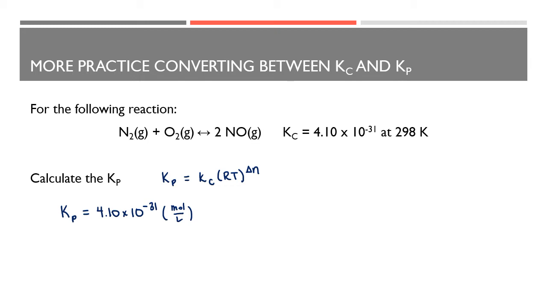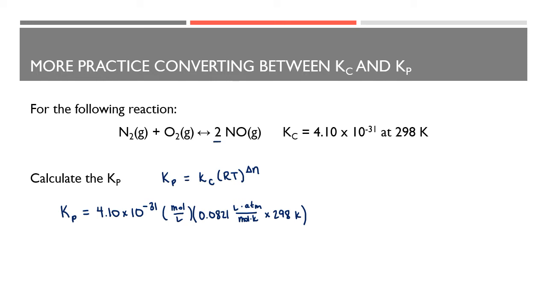The actual units are not moles per liter, but because this is a concentration, it will be represented in moles per liter. And I'm going to multiply that by RT, which is 0.0821 liter atmosphere over mole K times 298 kelvins, because that's the temperature that this is measured at, raised to the power of delta n.